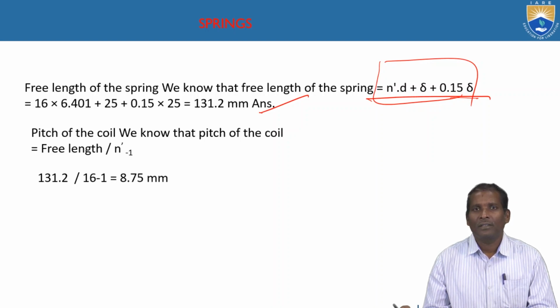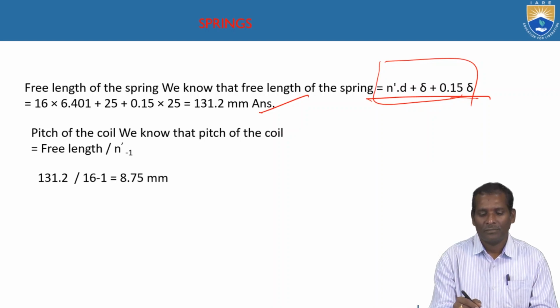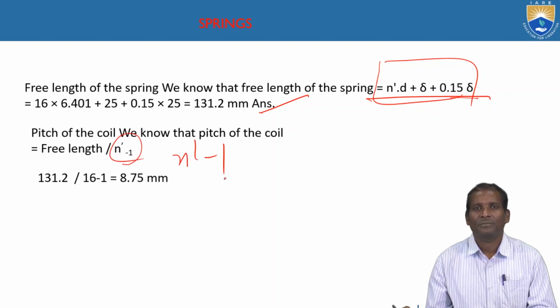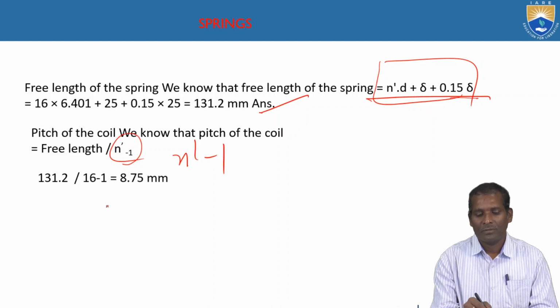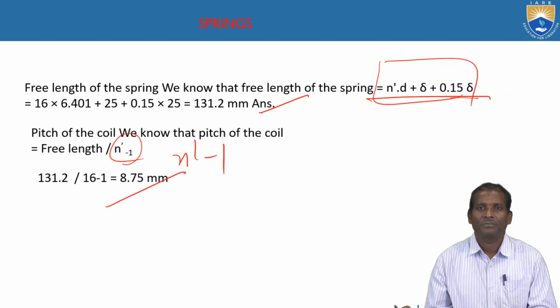Pitch of the coil, we know that the pitch of the coil is free length upon n dash minus 1. So substitute those values, you will get pitch. Pitch means it is the axial distance between the adjacent coils.